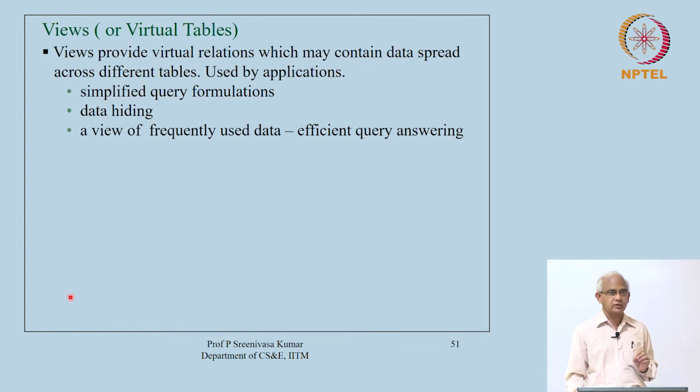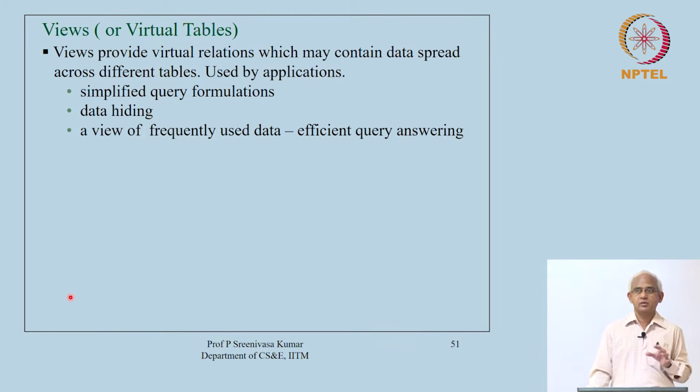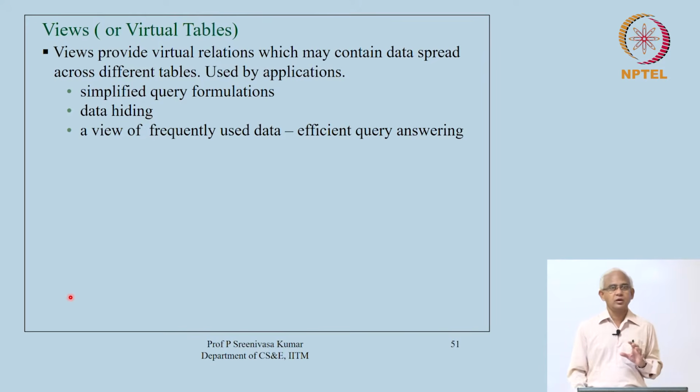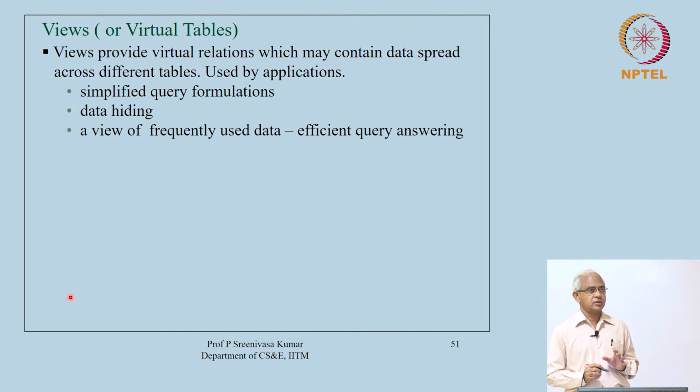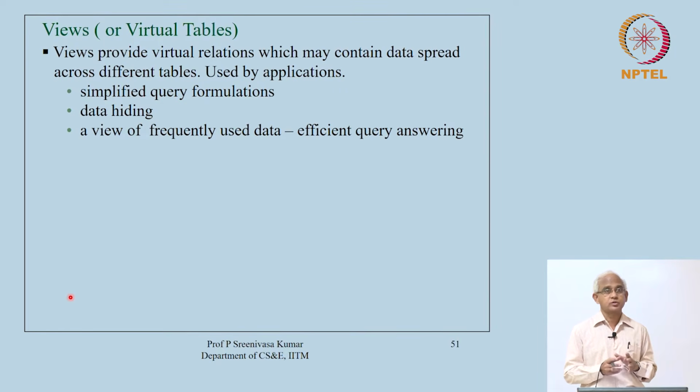So, the view level schema basically contained views, and views are kind of virtual relations. As we have seen earlier, they are provided to give a specific user group a particular view of the database without giving full access to the database. We give them a restricted view for various reasons, especially for hiding unnecessary data and exposing only the data that is necessary to be seen by that group of individuals.